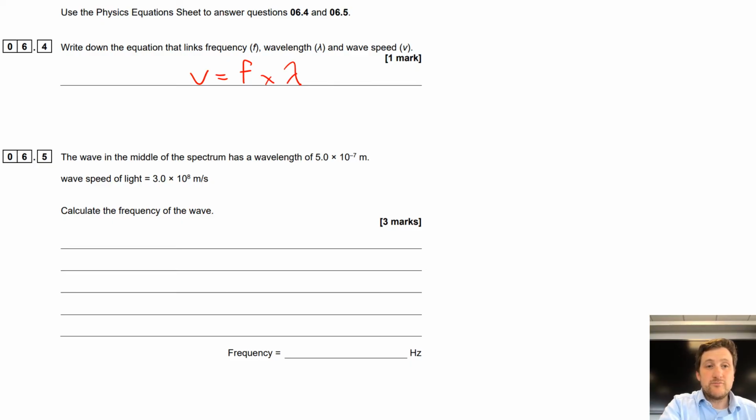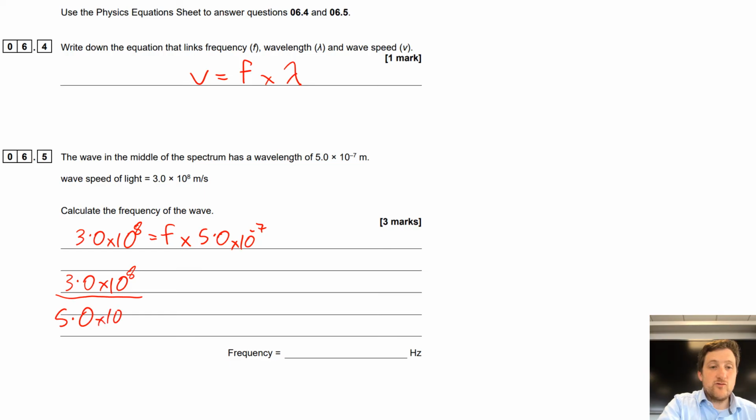So we have wave speed, that's 3.0 times 10 to the 8 equals frequency times 5.0 times 10 to the minus 7 meters. So that's our first mark, and then we're going to rearrange to solve for frequency.